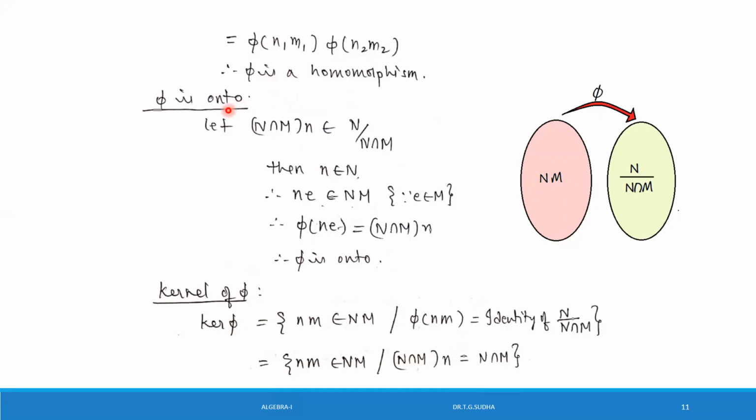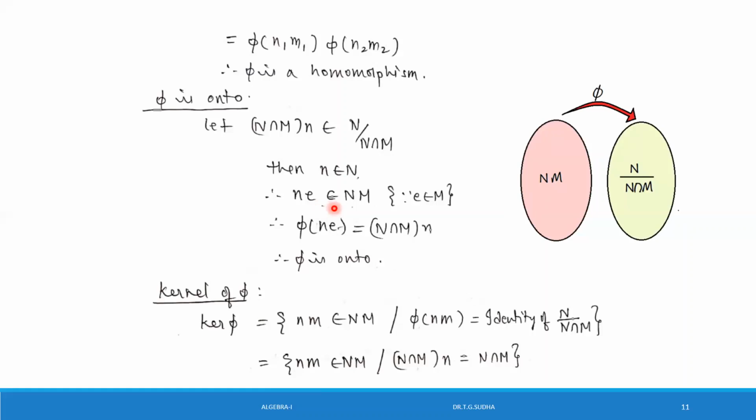Now we are required to prove that phi is onto. For that, let us take an element in the codomain, that is N by N intersection M. So let us consider N intersection M of n, which belongs to N by N intersection M. Here this n belongs to N, and this n can be written as n into e, because e is the identity.